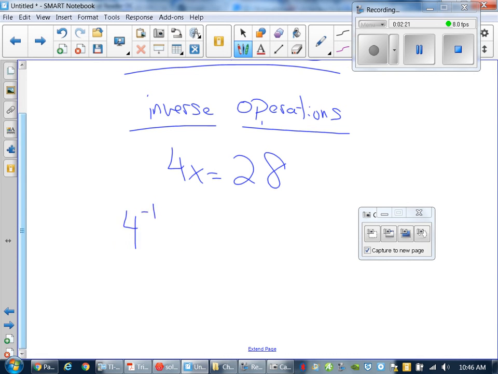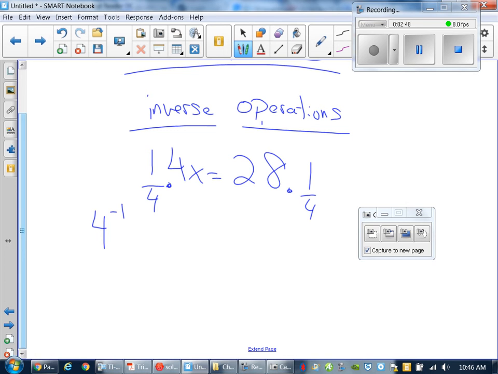So the inverse of 4 is 1/4. So if I multiply both sides by an inverse, isn't that the same thing as dividing by 4? Isn't multiplying by 1/4 the exact same thing as dividing by 4? Because that's an inverse. 4's inverse is 1/4.